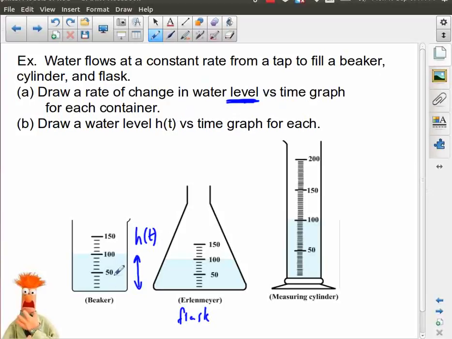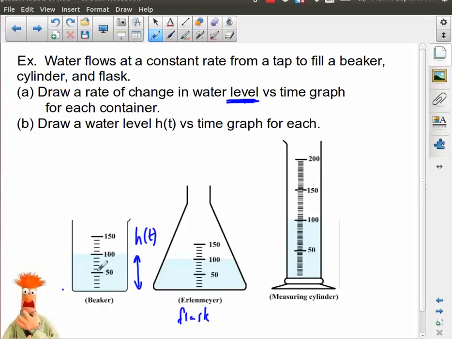So if we take a look at the beaker, it is uniform, and I'm going to ignore some of the little nitpicking features here. For example, the roundness in the bottom corners and the little pouring spout at the top. When I first looked at this, my intention was to talk about these little things, but I think they distract from it. So let's treat the beaker as if it's a perfect cylinder with perfect corners.